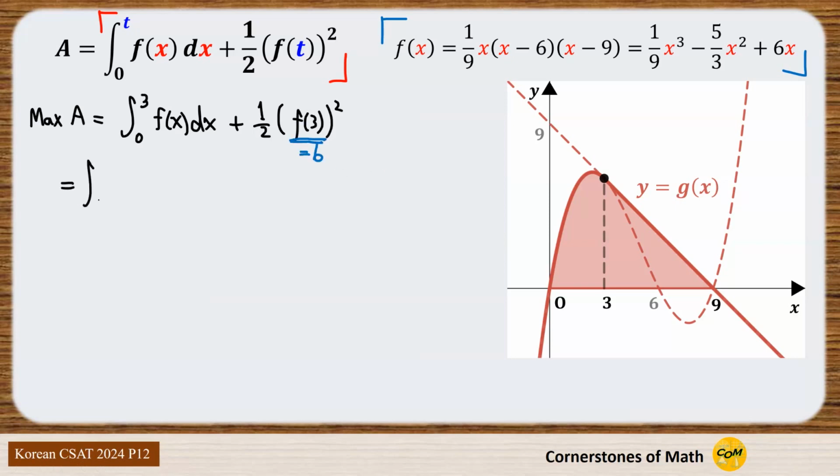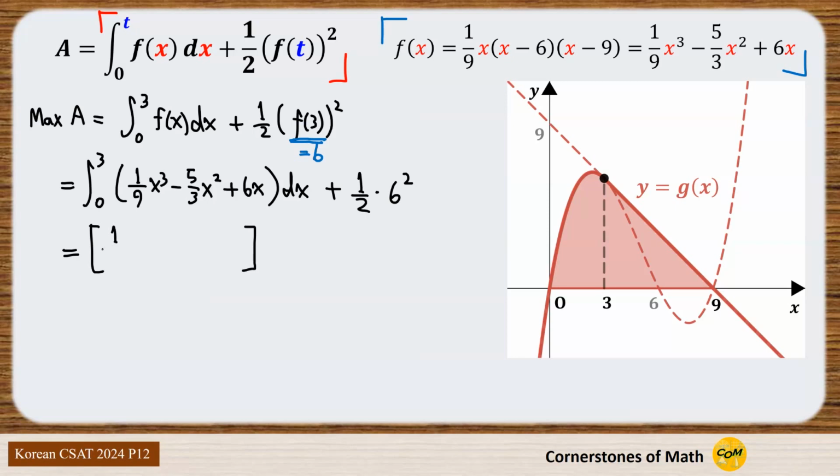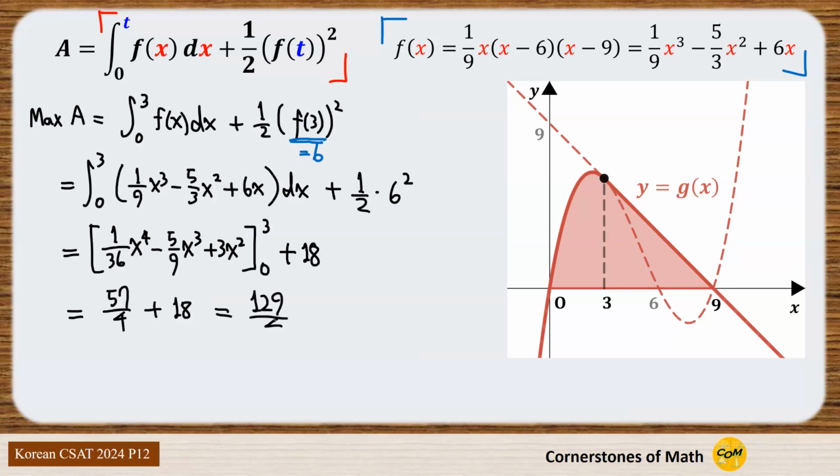So we have the integral of the expression for f(x), plus 1/2 times 6 squared, and by integrating, we have 1/36 x to the power of 4 minus 5/9 x cubed plus 3x squared, and the second term gives 18, and the integral part gives 57/4, so this plus 18 gives 129/4.